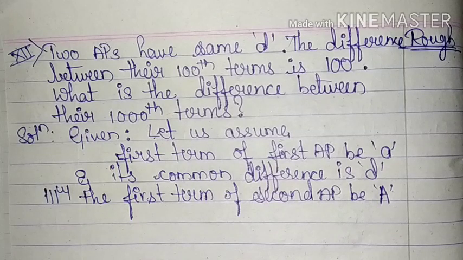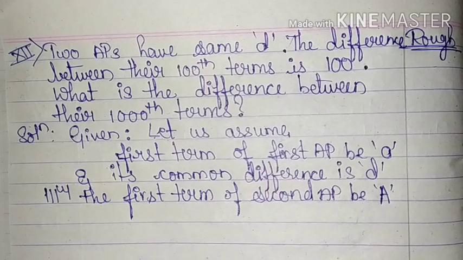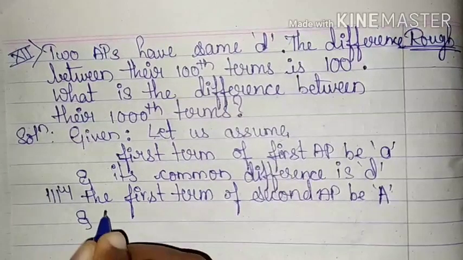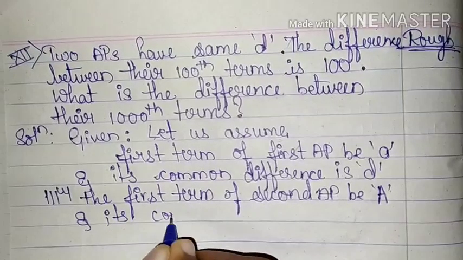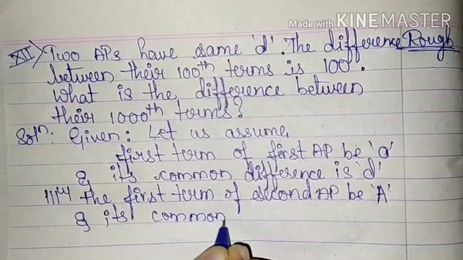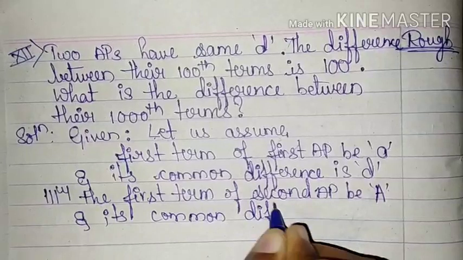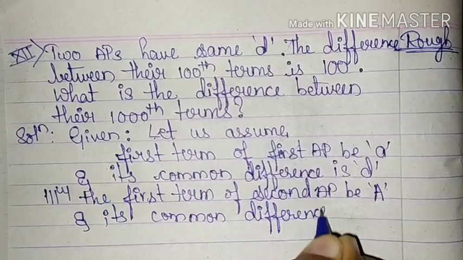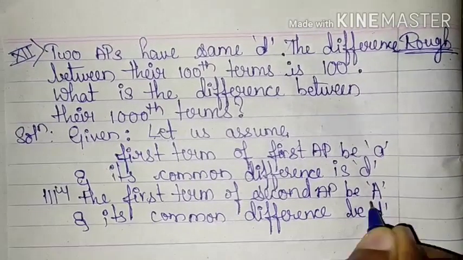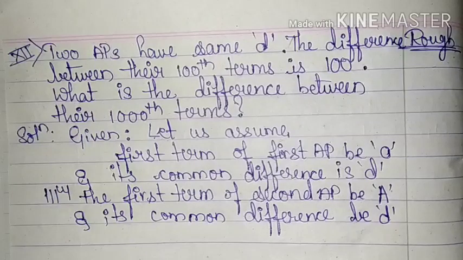So if the first term of the first AP is small a, then the first term of the second AP be capital A, just to denote that both those first terms are different. But both the common differences are same, so I can write its common difference be D once again, because the common differences are same.